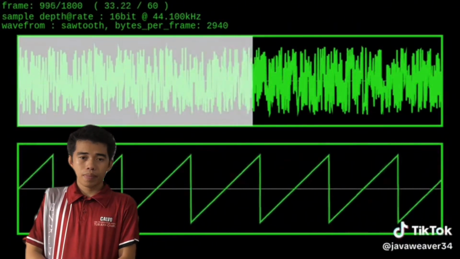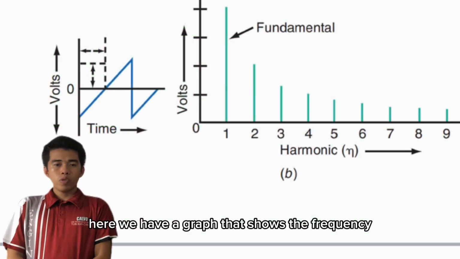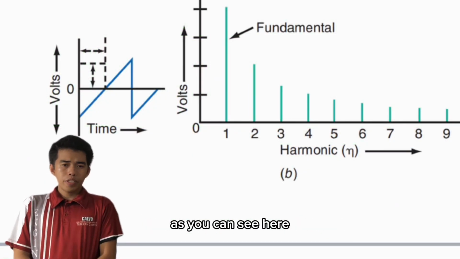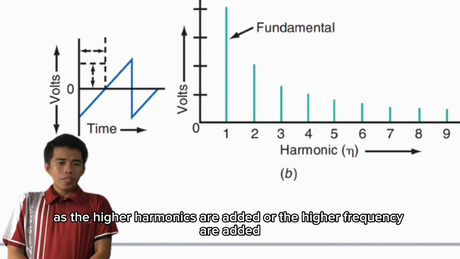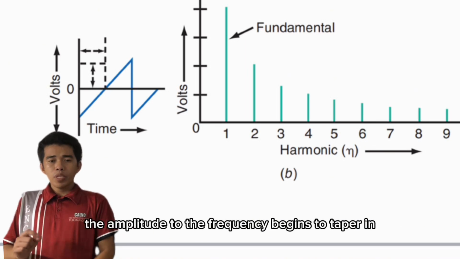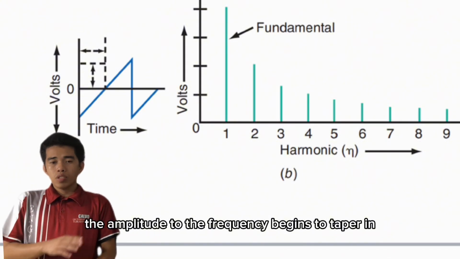Here we have a graph that shows the frequency domain plot of the sawtooth wave. As you can see, as the higher harmonics are added, the amplitude of the frequency begins to taper.